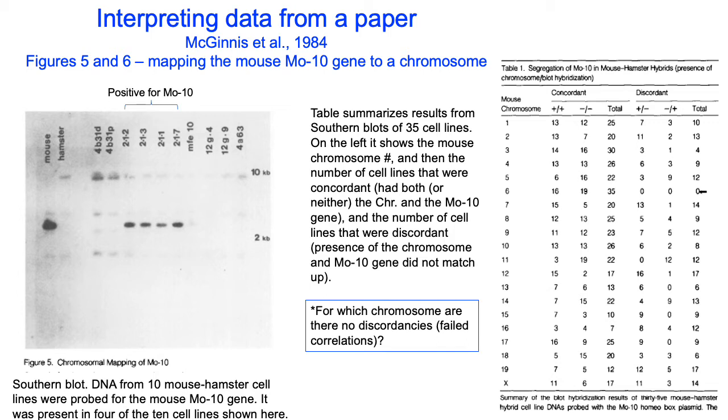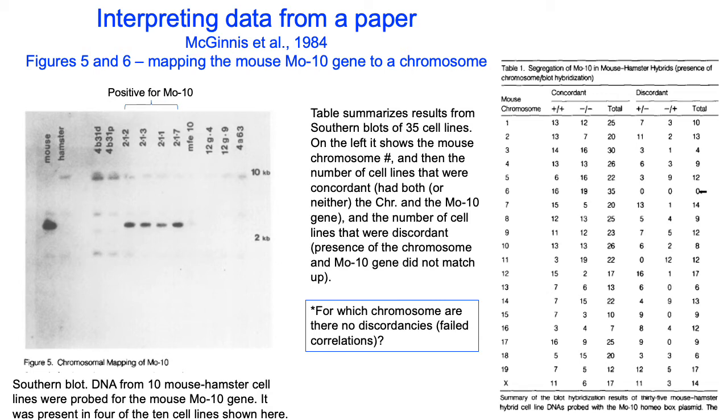Okay, so most of the time, authors will actually just summarize results from somatic cell hybridization experiments. So the table on the far right is more commonly seen, and this is summarizing the results from Southern blots of 35 different cell lines. Okay, so the Southern blot we just looked at was just a representative blot for 10 of those 35 cell lines.